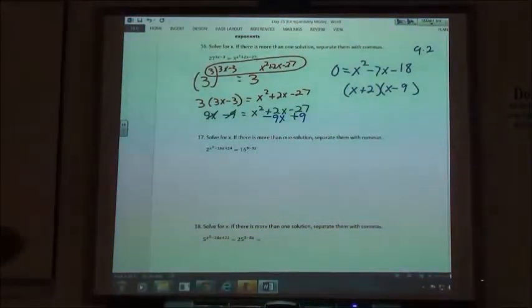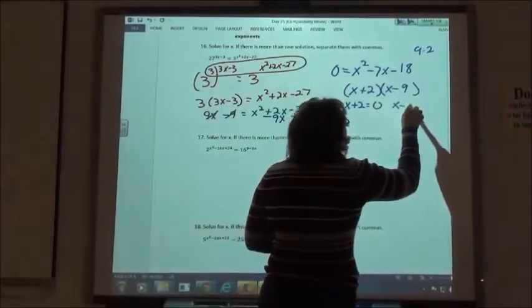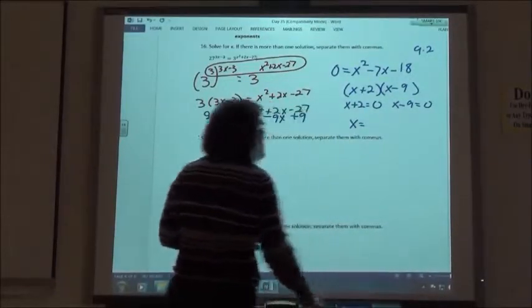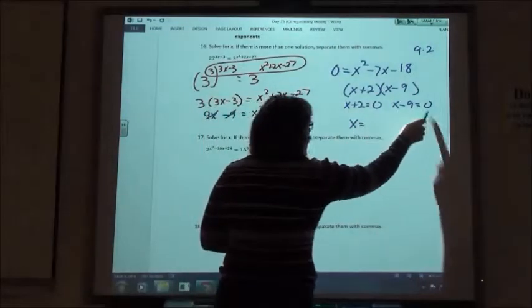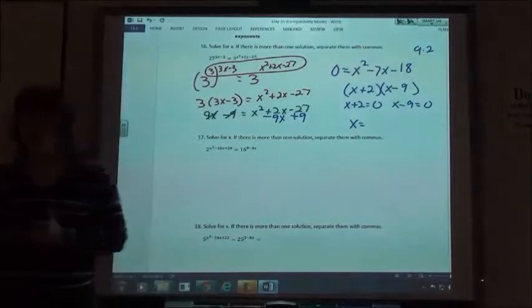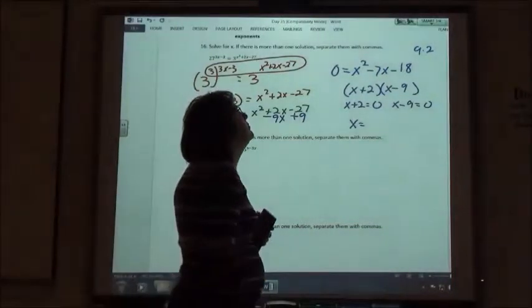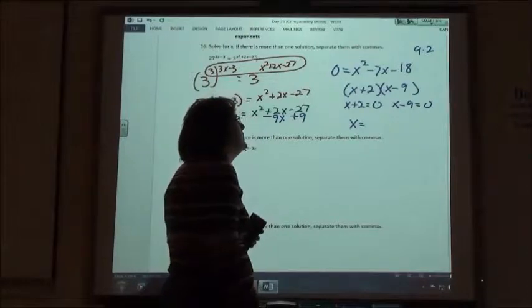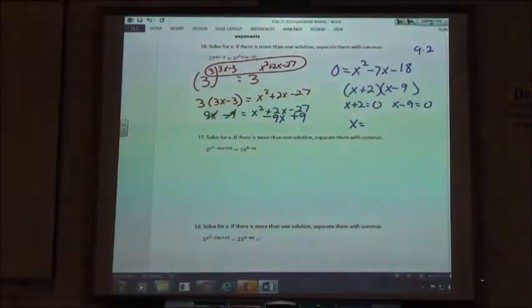Of course, we have to set each of those equal to 0, which is going to give us the opposite numbers. And so our answers are x is going to equal what? No, I have to solve these. If x plus 2 equals 0, what do I do with my 2? So x plus 2 equals 0, and x minus 9 equals 0.